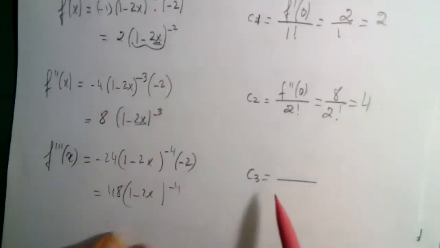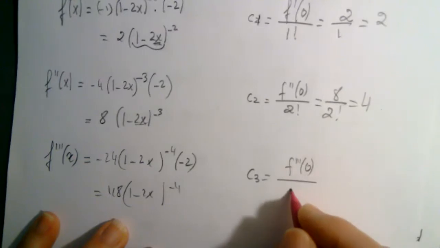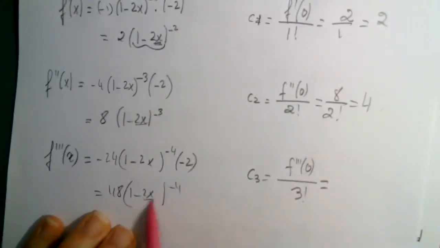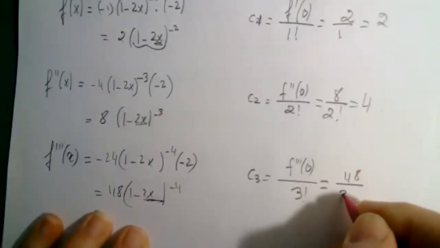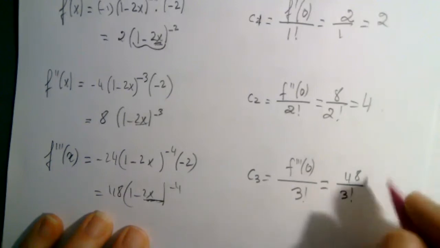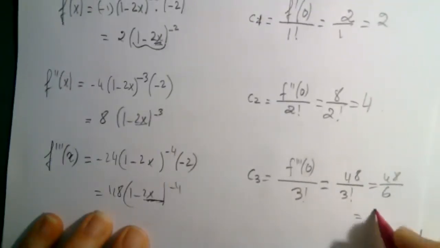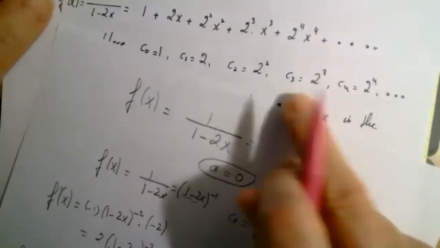So now the formula tells me that C3 is the third derivative at 0 over 3 factorial. If I plug in 0 for x, I'm going to get 48 over 3 factorial. 3 factorial is 6. So this is going to give me 48 over 6, which is 8. So the theorem tells me C3 equal to 8, and that's exactly what we got previously. We got also C3 equal to 8.